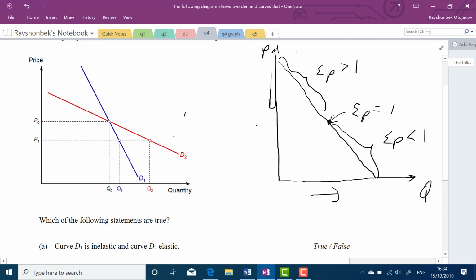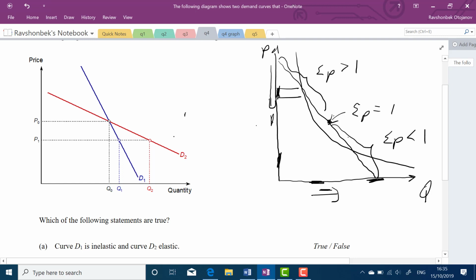And if the demand curve is something like this, it's a different story. It's not the same. The percentage change commands exactly the same change here. But in this case, a percentage change here commands a different reaction compared to exactly the same percentage change here. So along a straight line curve, elasticity is elastic initially.